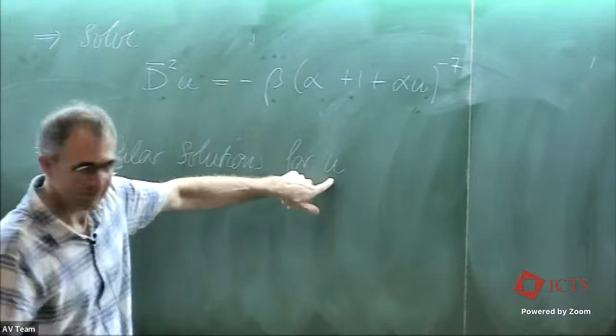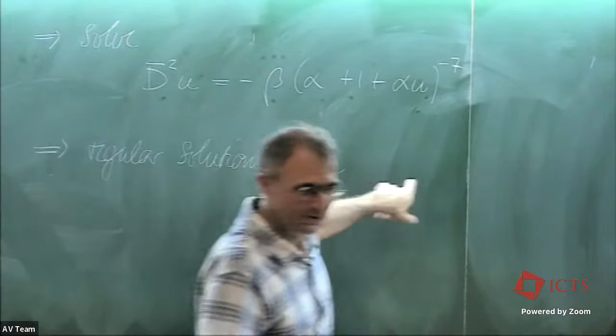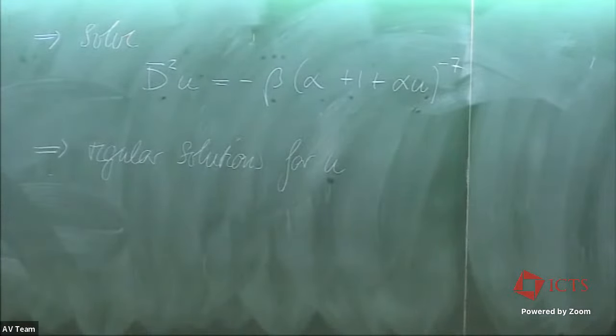Once we have these corrections u, we can then construct the conformal factor. And once we have the conformal factor, together with the solutions to the momentum constraint, we have completely specified the initial data, for example, for a binary black hole inspiral. Okay, make sense?